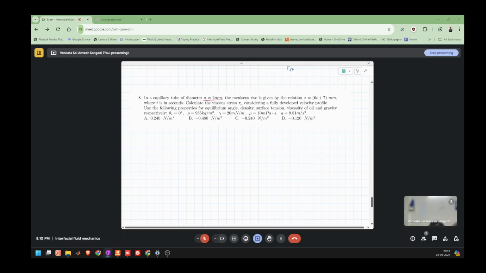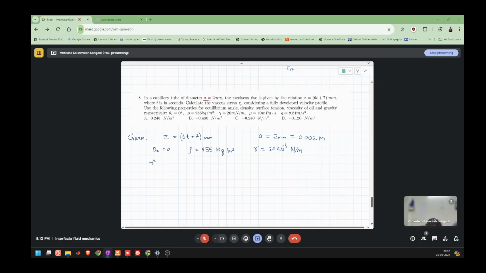So we are given z equals 6t plus 7 mm, and the radius a is equal to 2 mm, which is equal to 0.002 meter, and we have theta e equal to 0 degrees, rho equal to 955 kg per meter cube, gamma equal to 20 into 10 power minus 3 Newton per meter.